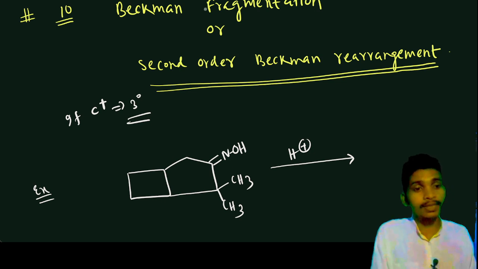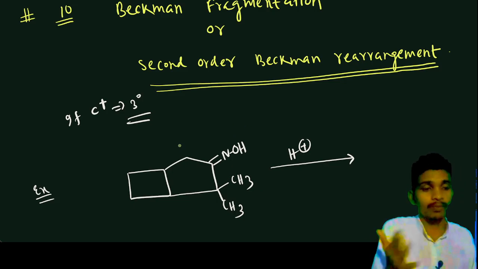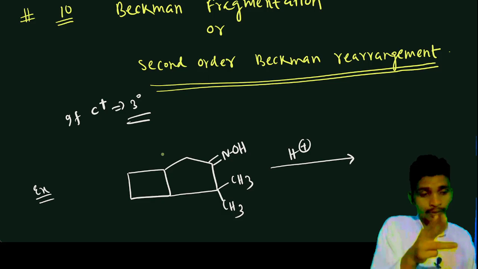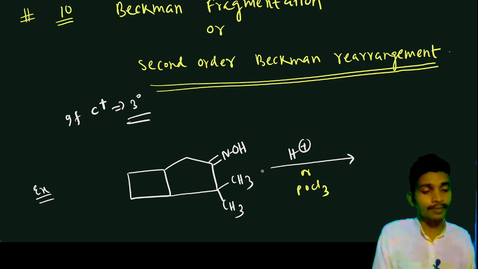Everything is the same here also, the oxime is there, in the same manner as whatever we studied for Beckmann rearrangement: from an aldehyde or ketone with NH2OH we convert into oximes, and then H plus or POCl3, the same things are there.